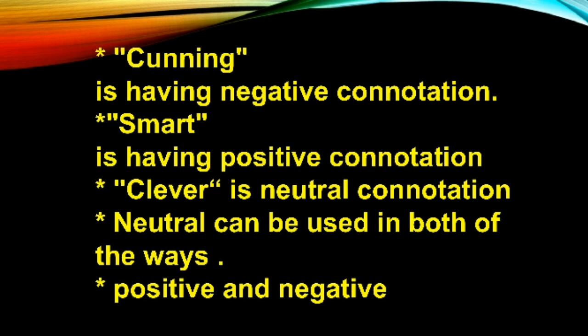So, how can we differentiate the meanings of all these three words if we are aware of the connotation? Cunning has a negative connotation. Smart has a positive connotation and clever has a neutral connotation. Neutral can be used in both ways, positive and negative.